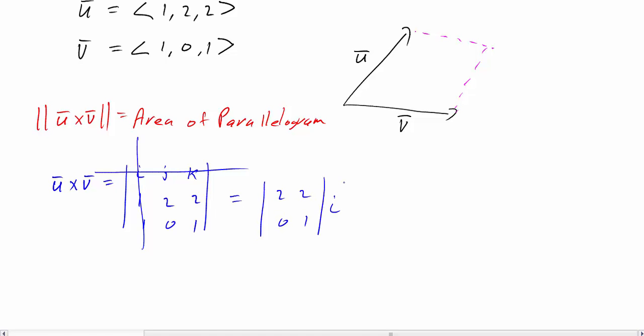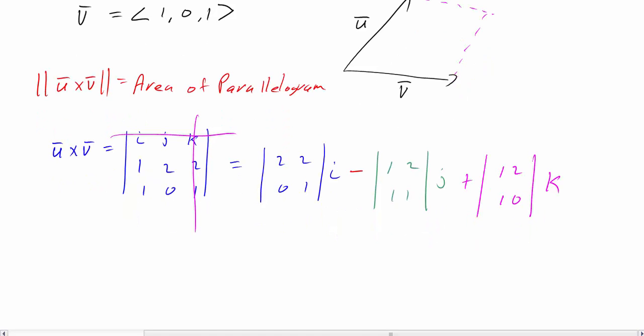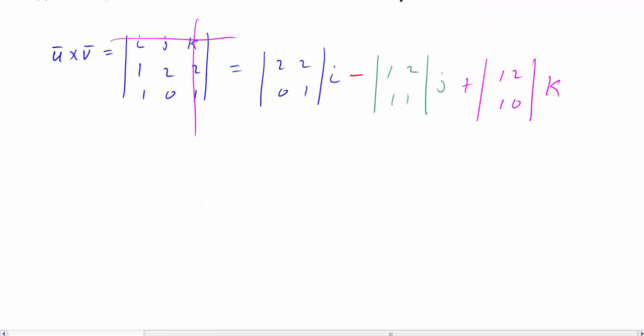That's times i. And we'll have to remember the second one has a minus sign. We cross out the j, and we're left with 1, 2, 1, 1 times j. And then for the last one, we cross out the k, and we're left with plus 1, 2, 1, 0 times k. Now we find the determinant of each one of these.